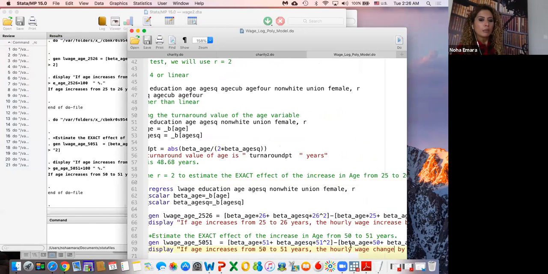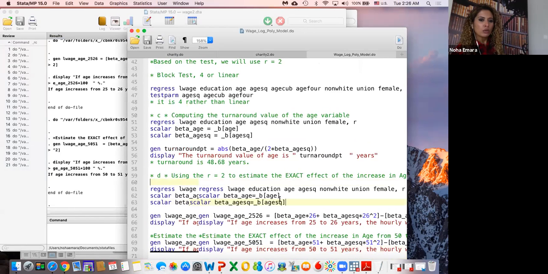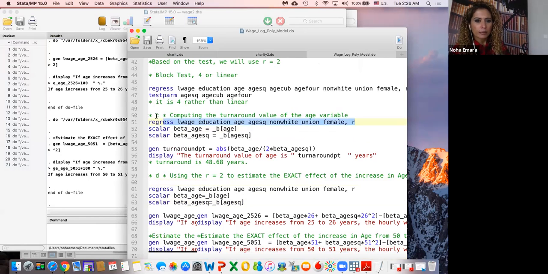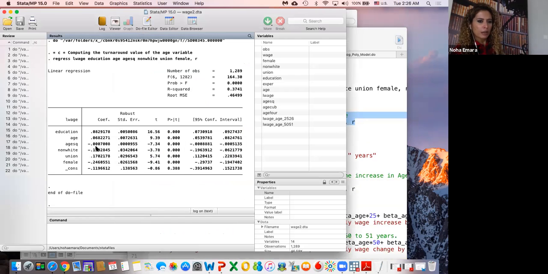Okay, it might also be interesting to know what the turnaround point is. If I have a quadratic model, I can see that. Let's just show it to you here again. And I have a quadratic model. What is the result telling me? Age has a positive impact on the percentage change in wage. However, this positive impact is decreasing at a rate of 2 times this number.